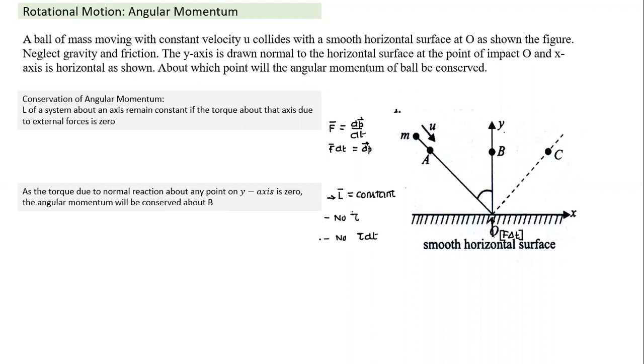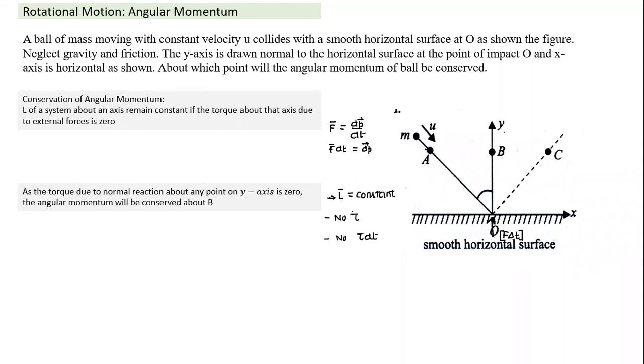Both are similar here. So now look at which axis the angular momentum will remain constant. It will remain constant about an axis about which torque is 0. So if this is the direction in which force is acting, if I take any point on the line of action of the force, like B, the torque of the normal reaction about B is 0. So torque about B is 0, and the angular momentum about B will remain constant.